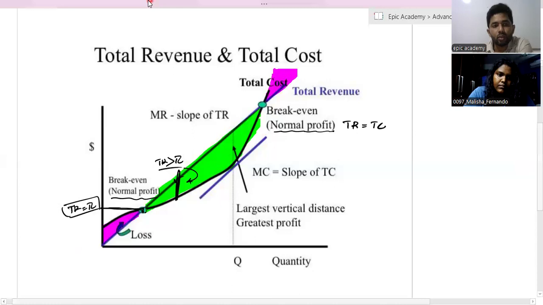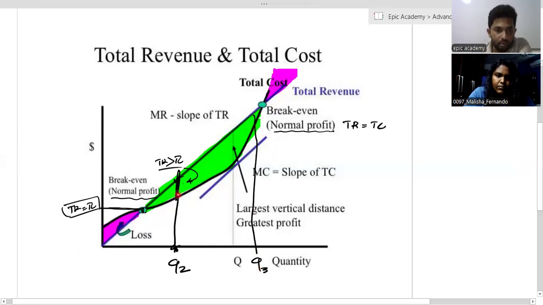But you know that if you are going to produce at this point, I mean Q2 or Q3, you cannot maximize the profit because the difference between TR and TC is less than at this particular point, isn't it? Yes.